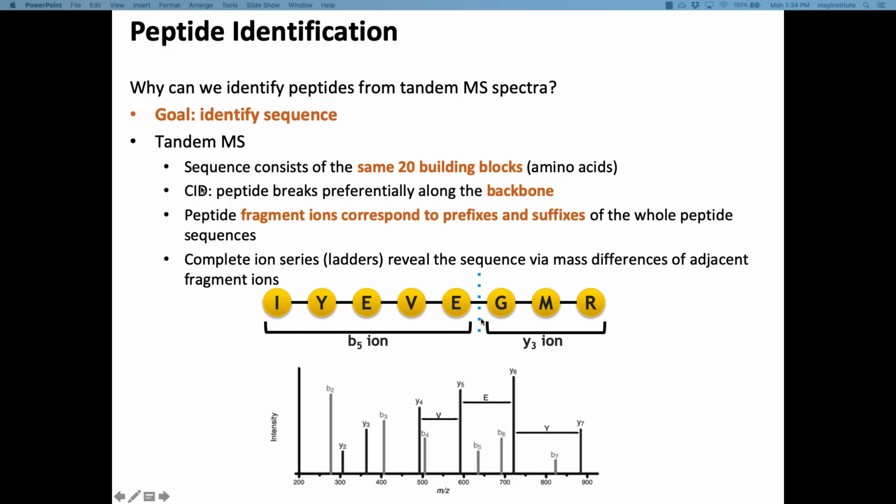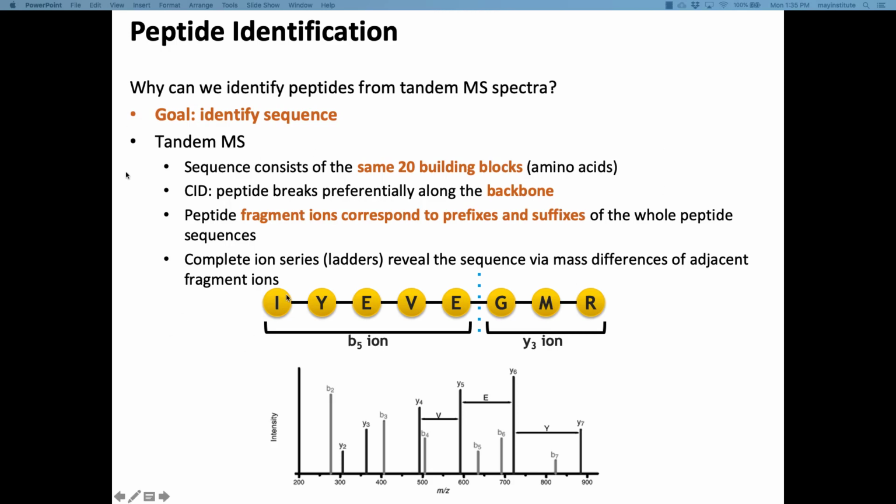Now, remember, this is a charged peptide, a charged particle. If a bond breaks, then one part of the molecule will retain the charge, and the other part will be uncharged and will not be visible to the mass spec from there on. But the charge can go to both ends.